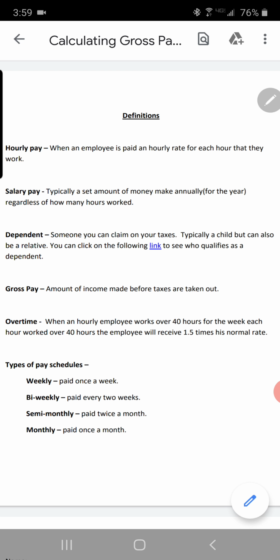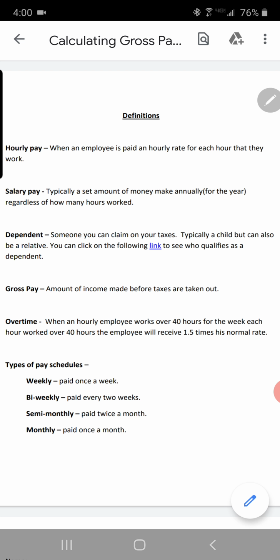Overtime. So many companies don't pay overtime, but just in case it ever comes up, this is when an hourly employee works over 40 hours for the week. And each hour worked over 40 hours, the employee will receive 1.5 times his normal rate. So pretty much overtime is, let's say you worked 48 hours in a week.